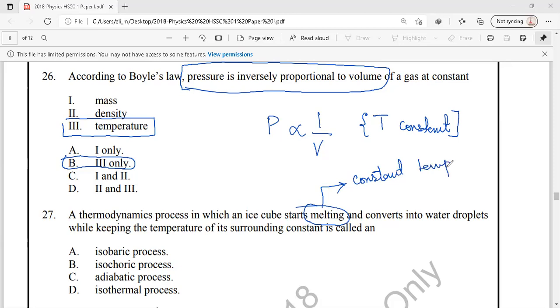If the temperature is constant, then this process can occur while keeping the temperature of its surroundings constant. So this process would be the isothermal process because the temperature in this case remains constant. So the correct answer for question number 27 is option D.